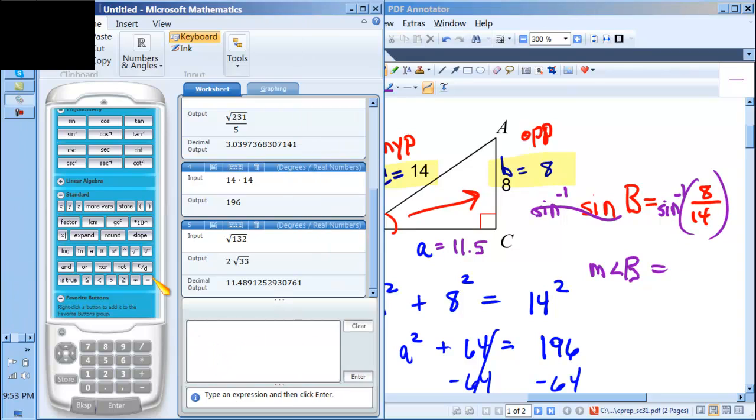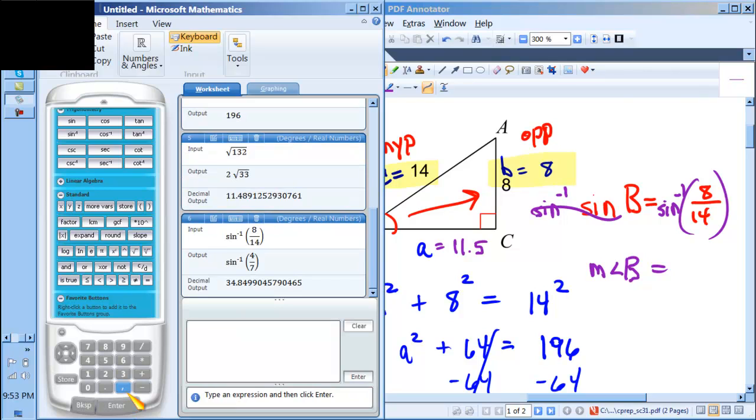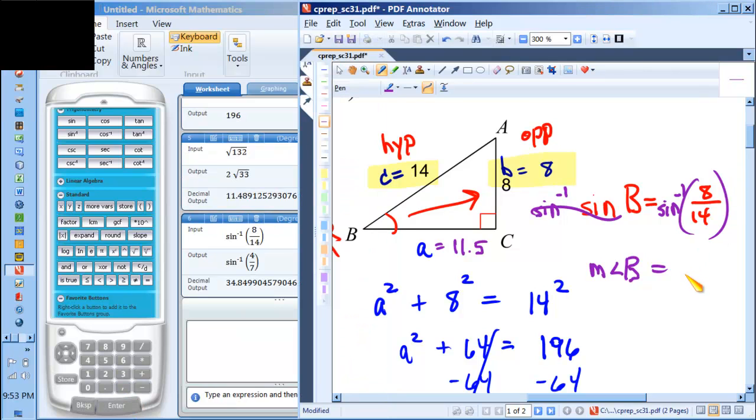So I need to go over to my calculator. I need to do sine inverse, and then I need to do 8 divided by 14, and that gives me 34.8 degrees.